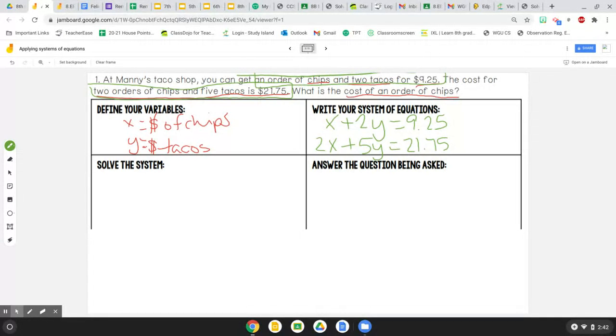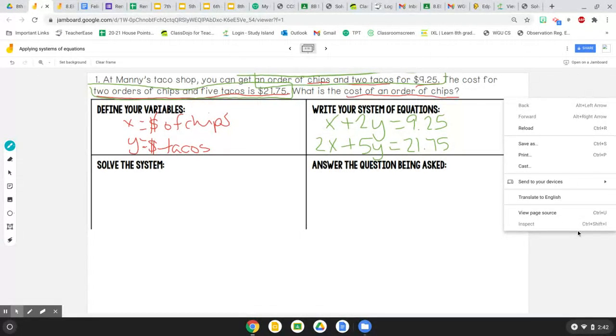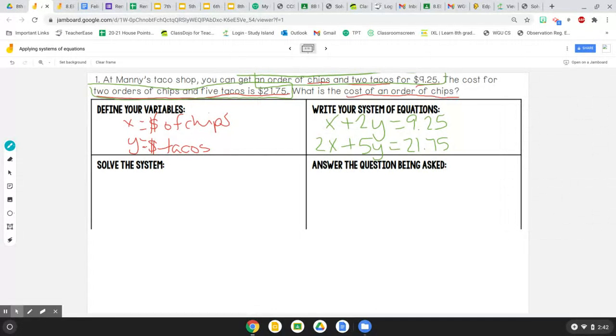Now, at this point, I'm going to go ahead and rewrite my equations up here, if it lets me. So X plus 2Y equals 9.25.